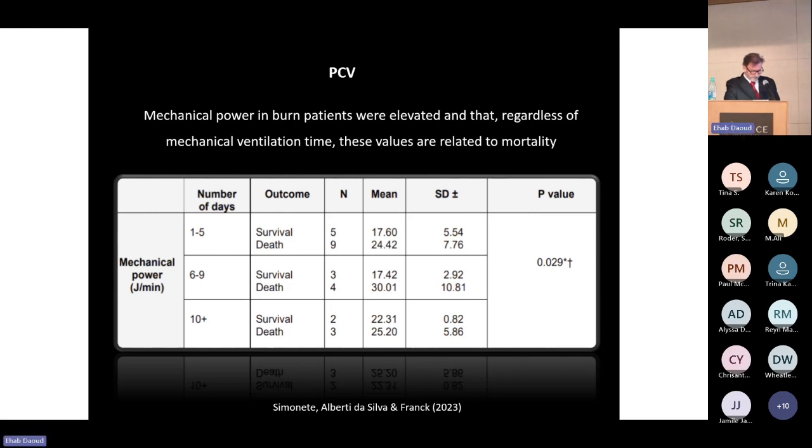In this research, in the three groups, the average values of patients who died varied between 24 to 30 joules per minute. Although with a restricted number, it showed statistical significance.